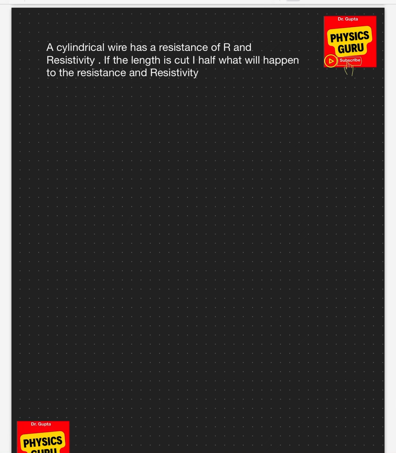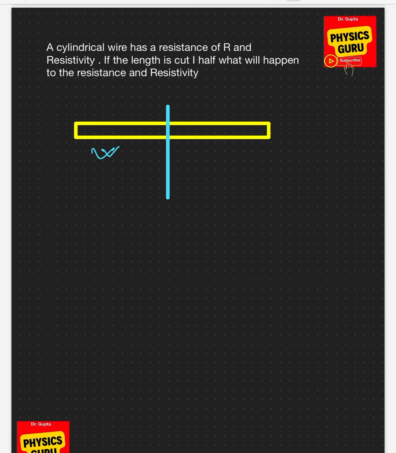So now here about the resistivity. So you have a cylindrical wire. Let's call this a cylindrical wire. Okay, and if you cut half, now let's say here, if you cut half, what will happen to the resistance and resistivity? So remember, R stands for the resistance, rho stands for the resistivity.